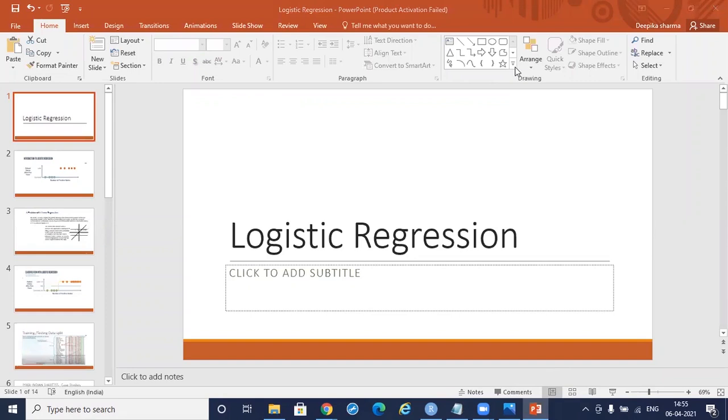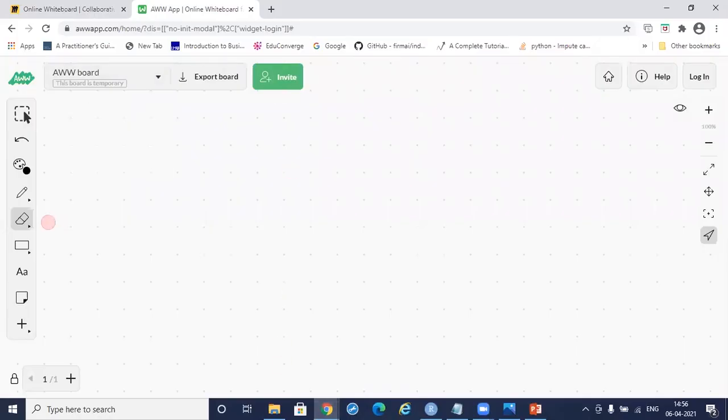Logistic regression. Let's learn about logistic regression. Sometimes we have data in the form of categorical data.